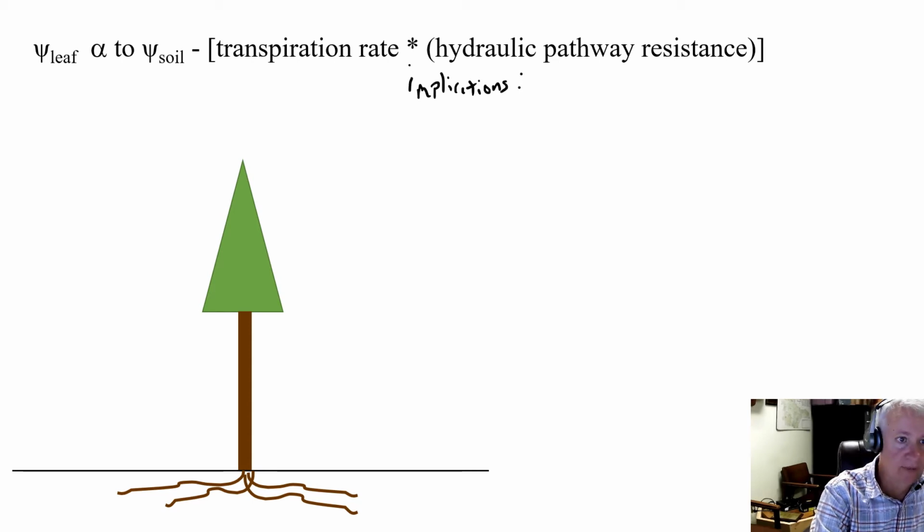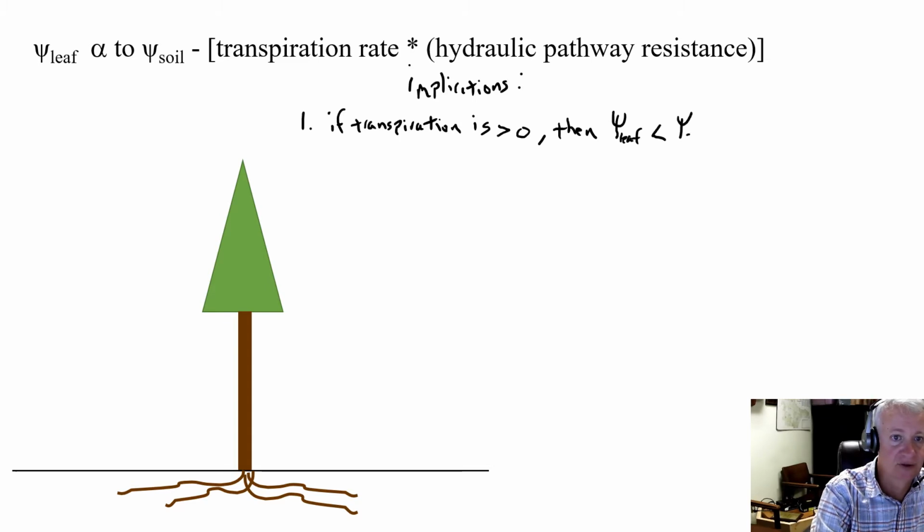One of them is if transpiration is occurring, in other words, if transpiration is greater than 0, then leaf water potential is less than soil water potential.